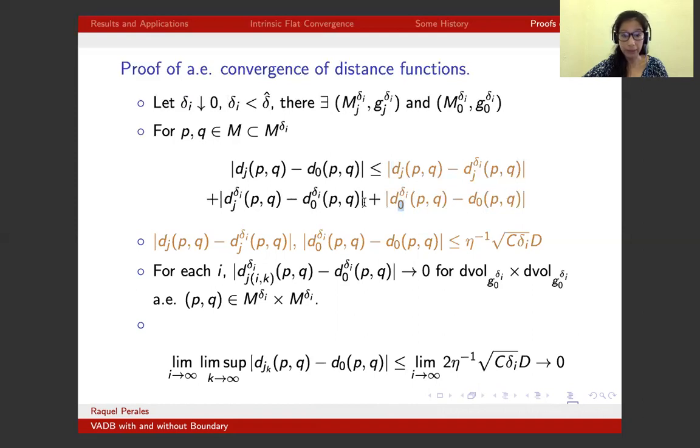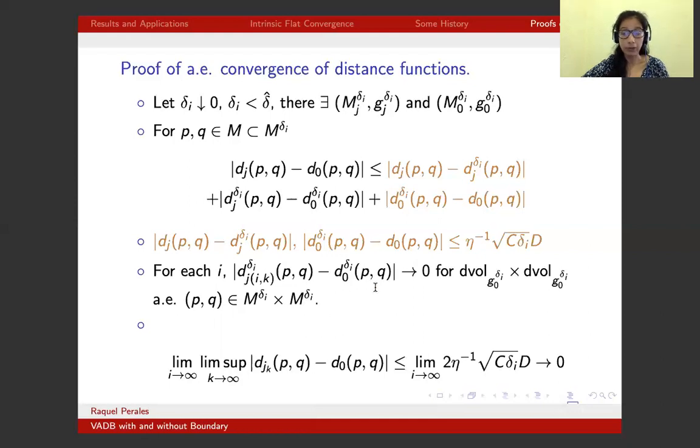And then for the middle part, what we want to use is the theorem of Allen and Sormani. And we are able to use it because notice that the doublings are manifolds that don't have boundary.